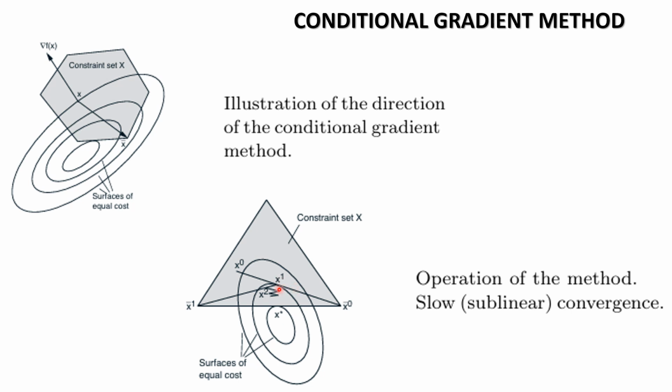Here we can consider the zigzag behavior: the algorithm always moves toward an extreme point, a vertex of the feasible set. If the solution lies deep inside the feasible region, like x star, the path to it must be approximated using many short steps between corners.